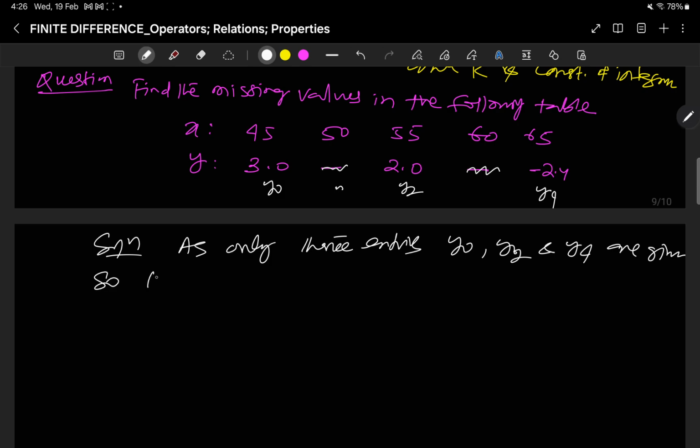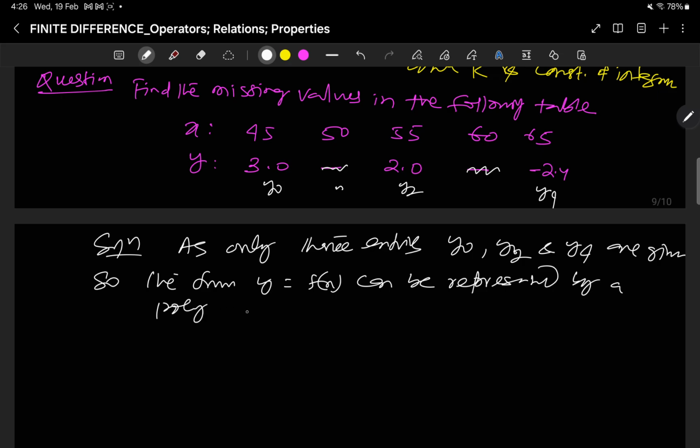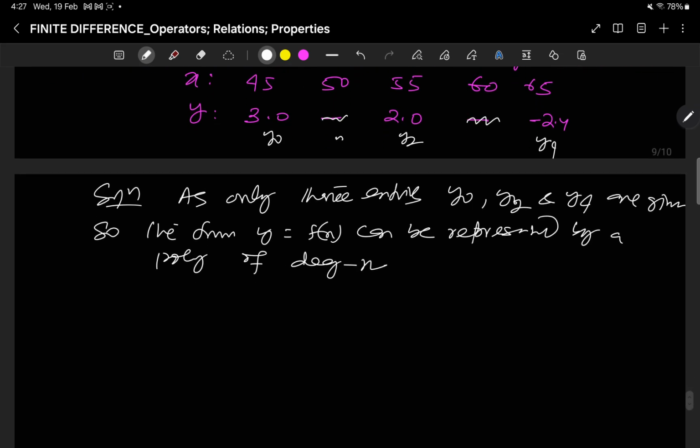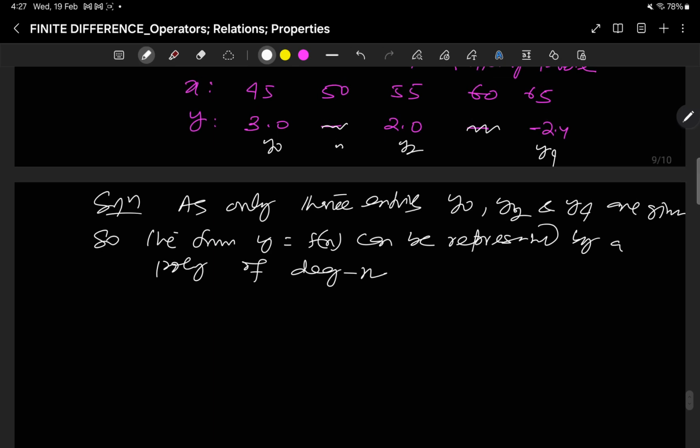So the function y is equal to f of x can be represented by a polynomial of degree 2, right? N plus 1 means up to nth degree.